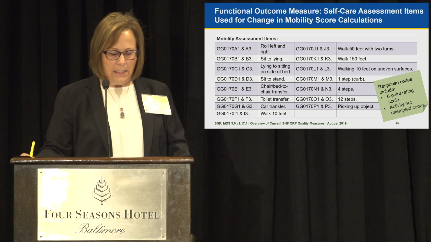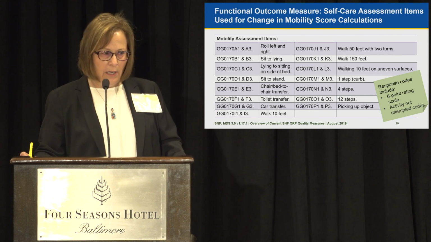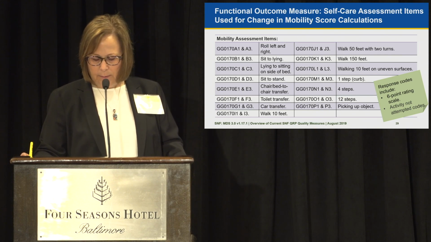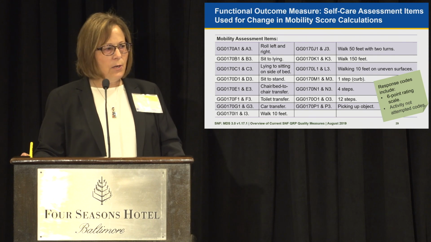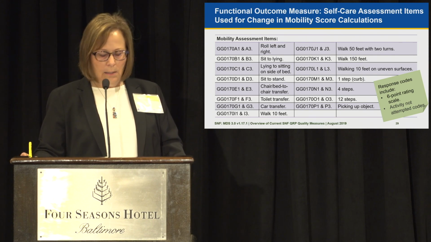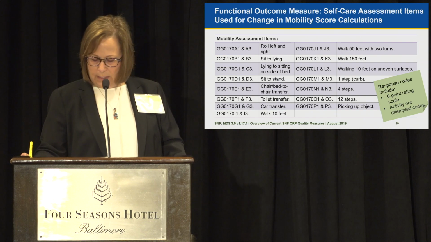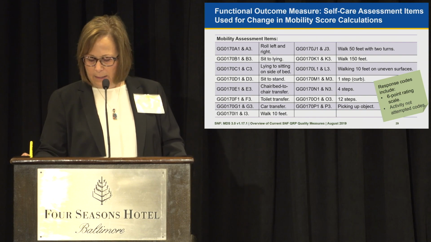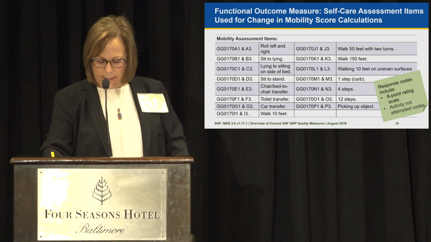So there are 15 Section GG admission and discharge performance items. The response codes, again, include all of the 01 through 06 6-point rating scale items, all of the activity not attempted codes.